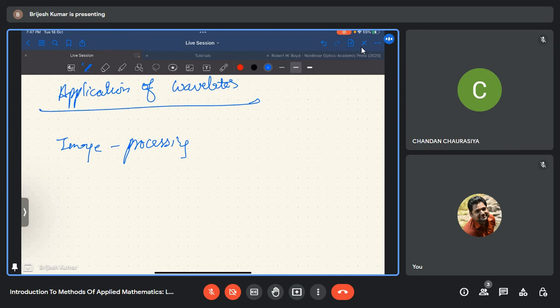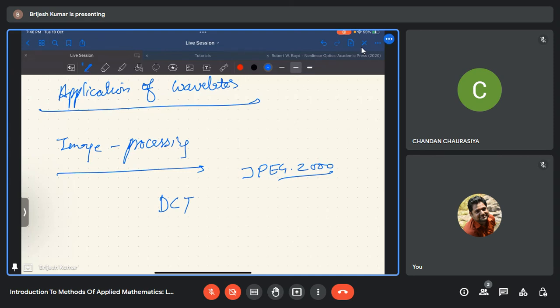With compression there is a codec called JPEG 2000. Before JPEG 2000 there was the JPEG image compression standard, which is based on the discrete cosine transform, DCT.